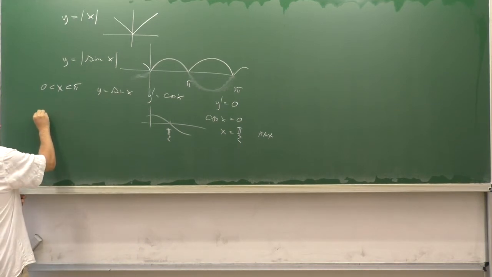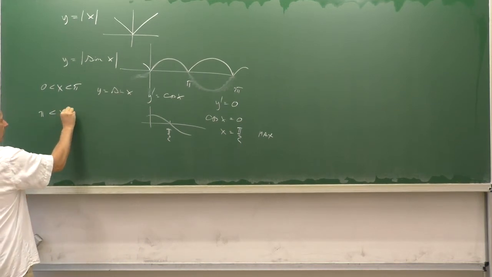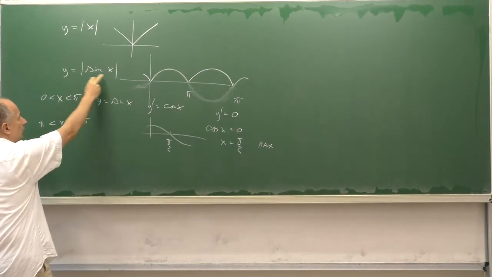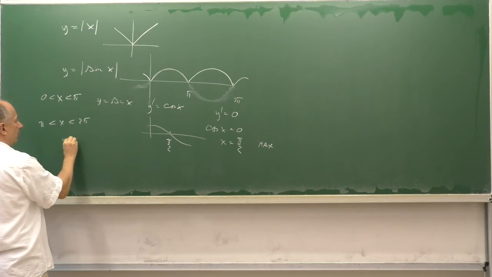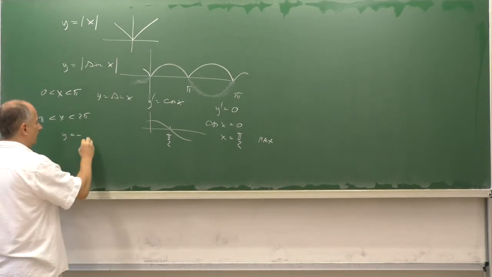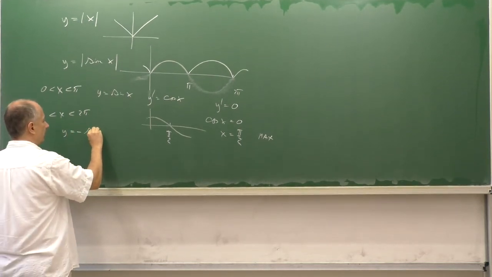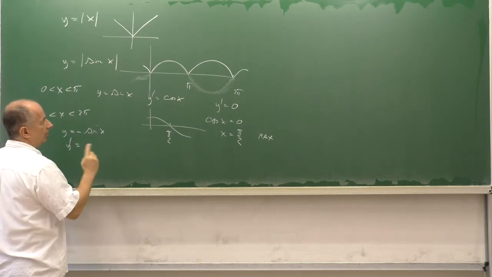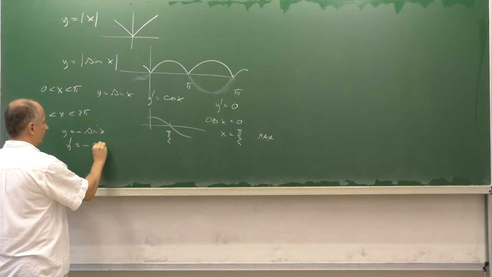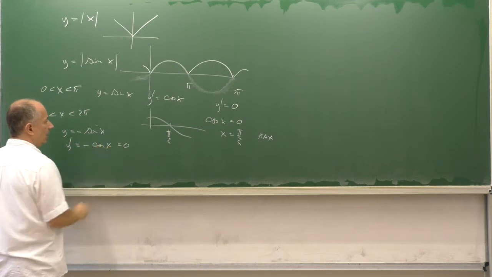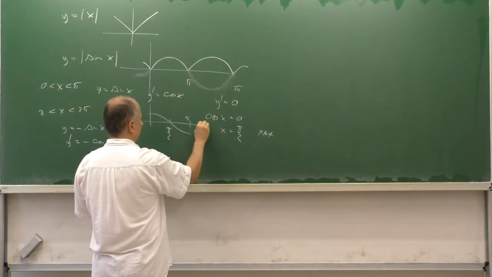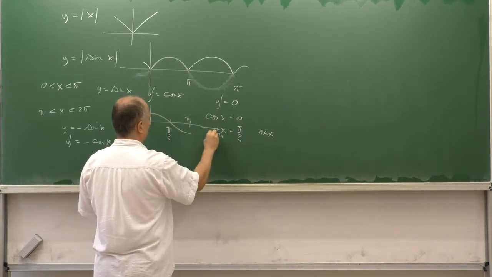Now for x between pi and 2 pi, we can remove the absolute value, but then we must change the sign. The function is minus sine of x. So the derivative is minus cosine of x, and minus cosine of x in the interval between pi and 2 pi.